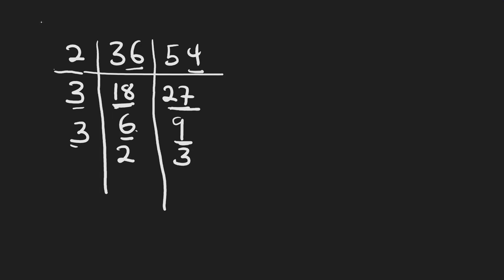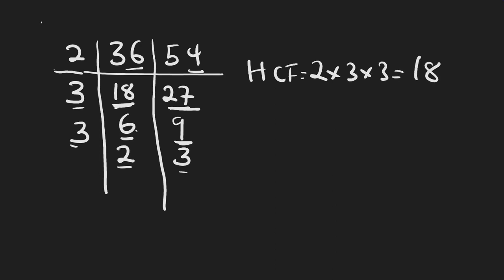So is there a number that can divide 2 and 3 at the same time? No. So you stop here. So these are your H.C.F, right? So let's multiply them. The H.C.F is 2 times 3 times 3, which is what? 18. Very simple.